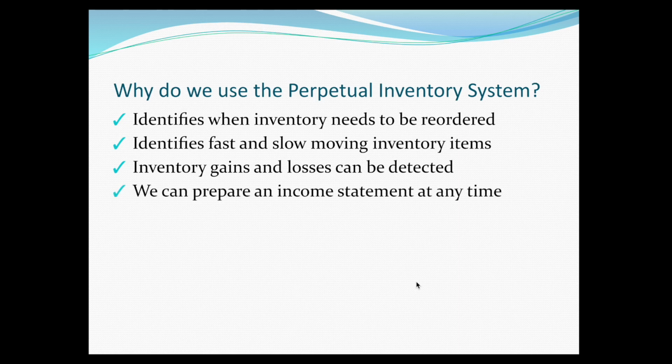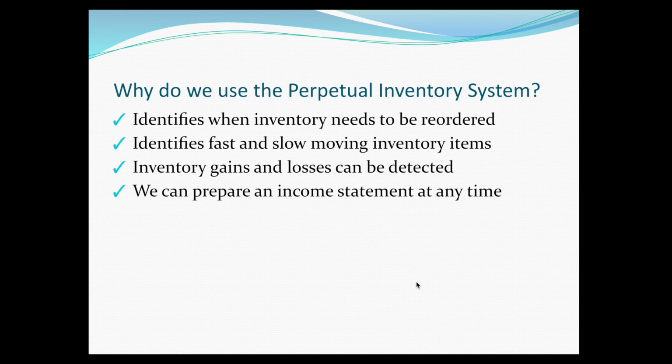We can prepare an income statement at any time. With an inventory card, you can determine the revenue made and the expenses, so the losses and the revenue. You can put that information in an income statement at any time.